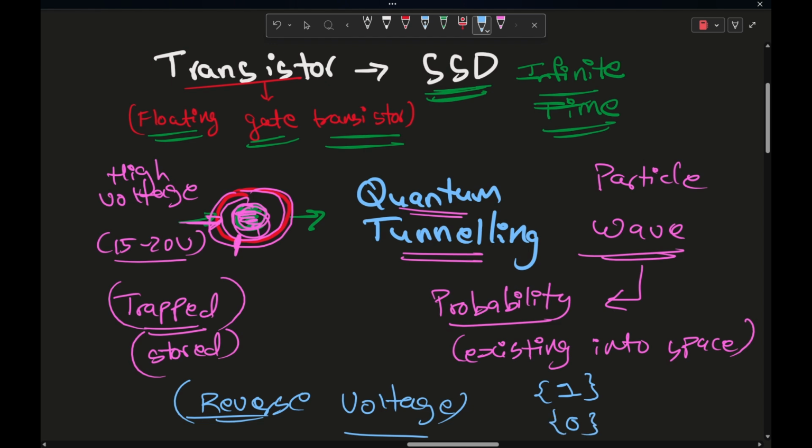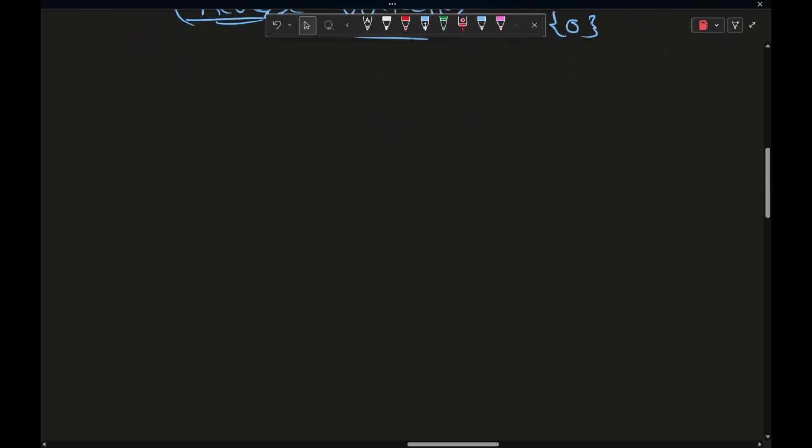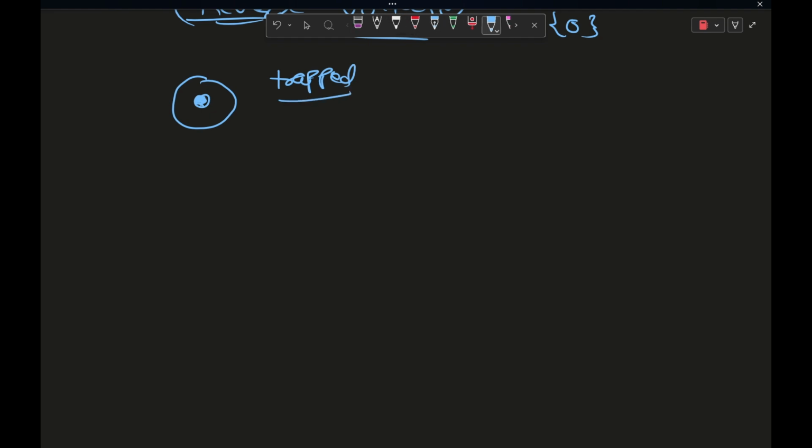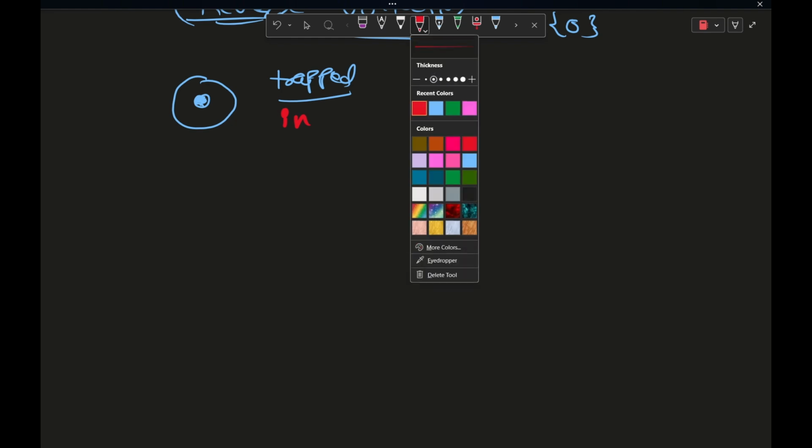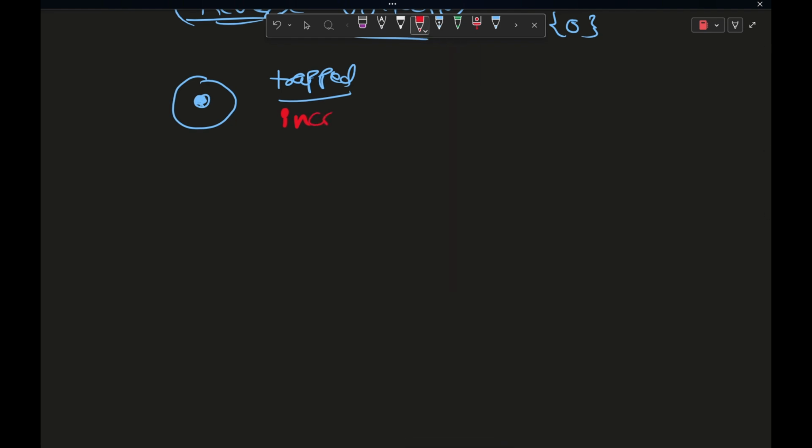Now while trying to find out whether an electron is trapped inside or not, as this is an insulating medium and inside is this conducting medium, if the electron is trapped, the overall electric field around it is increased.